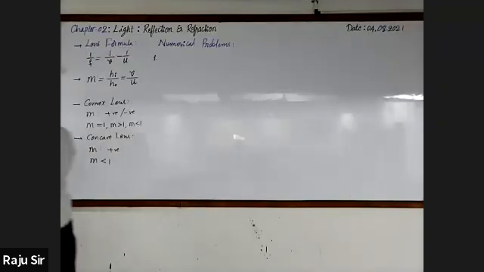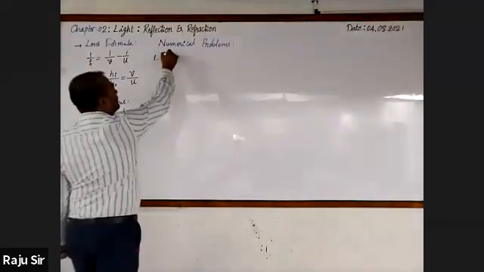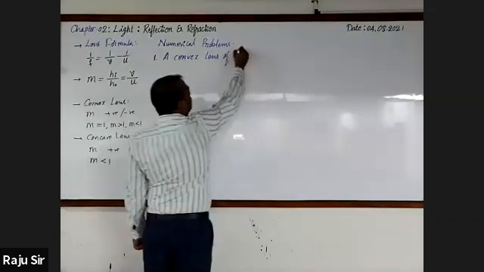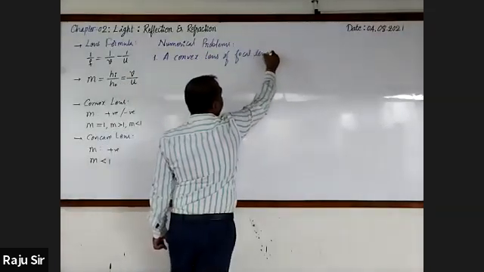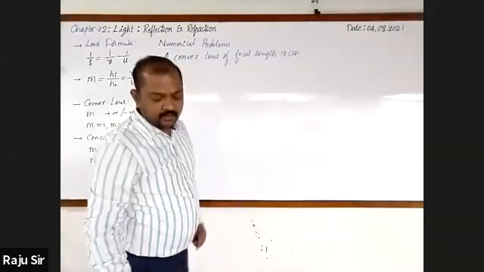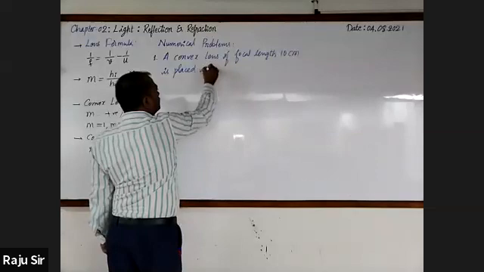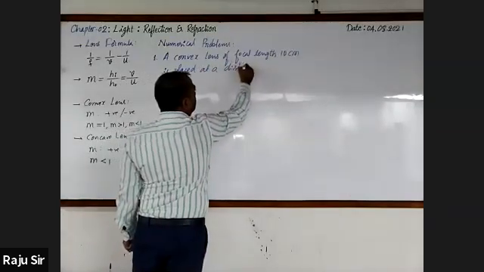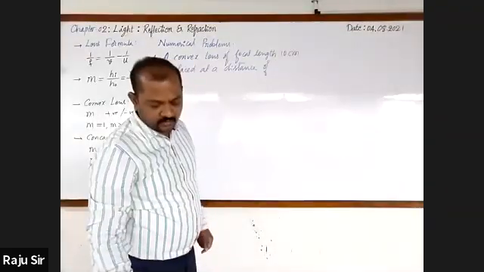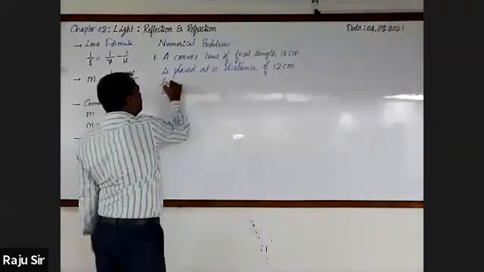The statement is: a convex lens of focal length 10 centimeter is placed at a distance of 1 centimeter from the wall.